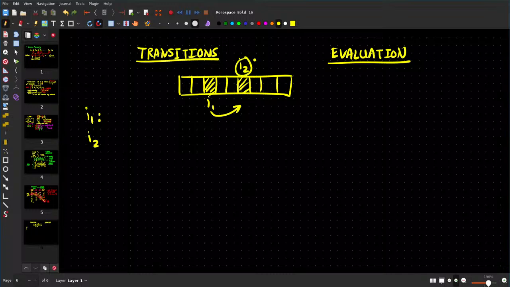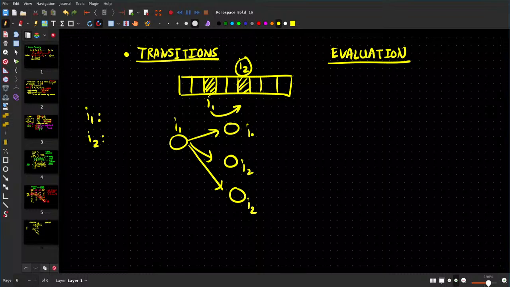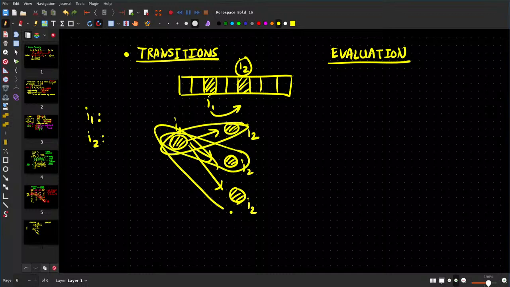We are actually understanding the transitions, right? So we gave something to I1, and there could be various values that I2 can take. Now it could be this. Notice that the number of ways of assigning I1 and I2 would be 3, because this is the first, this is the second, and this is the third.